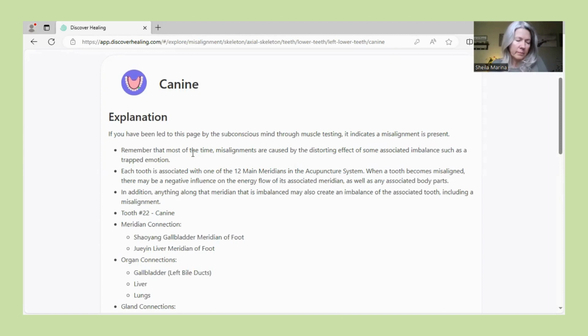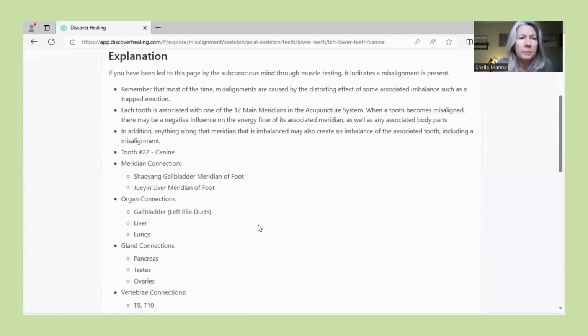And one thing, if you'll just allow me, I'm going to check with that second bicuspid that we had last time. Was there any trapped emotion inside of that second bicuspid? No. And is there any trapped emotion in Gus's canine tooth? No. Okay, so we've checked that. And the same thing with the canine tooth as with all teeth, it connects to the meridians in the body.